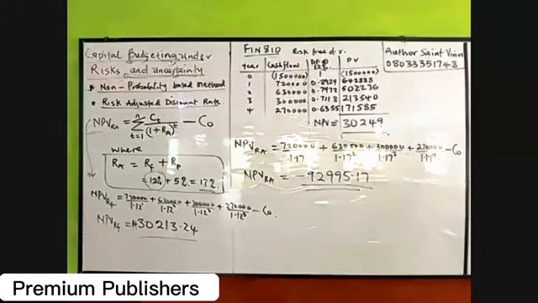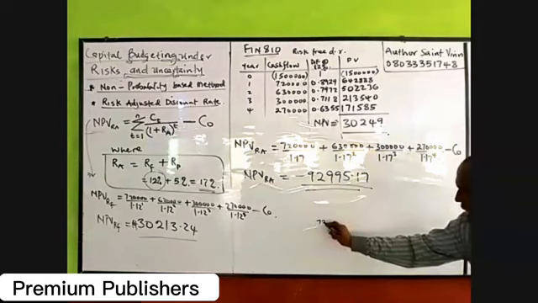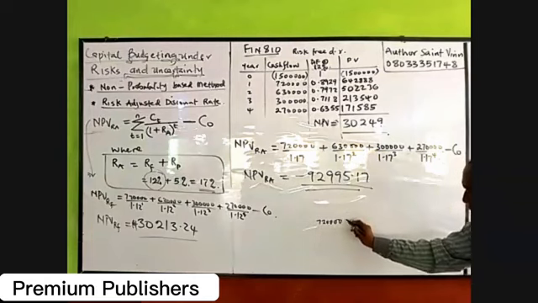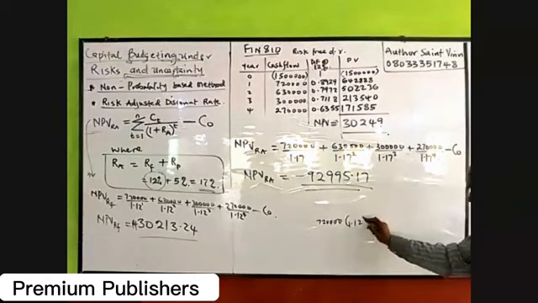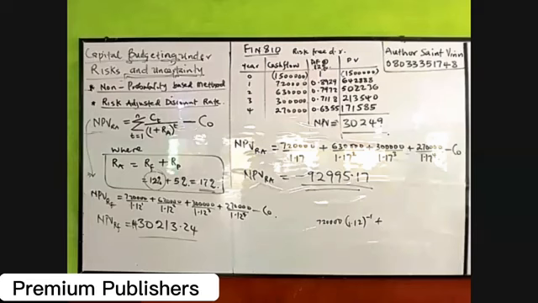You divide by 1.17. That's it. Look at the board, you can write 720,000. The calculator can do this.